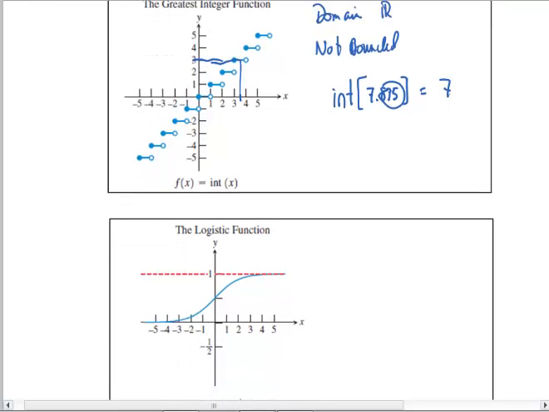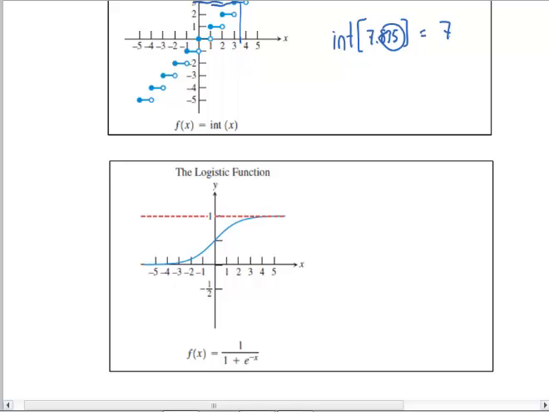The logistic function is another function that has a domain of all real numbers, but it's got no symmetry. It's used for modeling biological systems. It's got the S growth curve, or carrying capacity curve, if you know anything from biology about those topics.